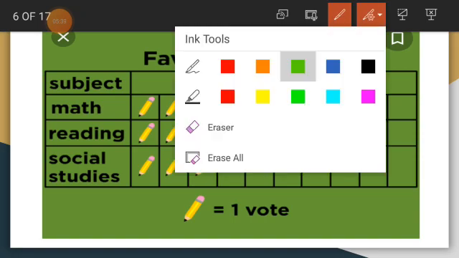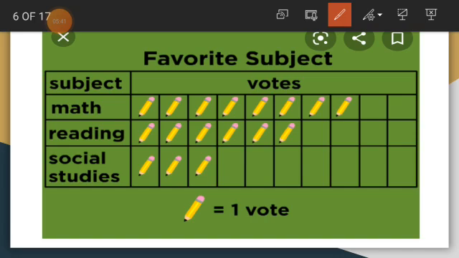Let me change my color again. First subject is maths. Now count how many pencils there are. 1, 2, 3, 4, 5, 6, 7, 8. One pencil represents one vote. So how many votes did maths get? 8 votes. So 8 students like maths.